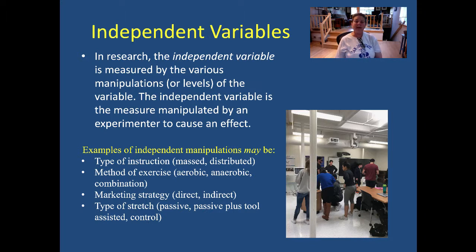In sport management, you might be interested in looking at an independent variable such as marketing strategy. Marketing strategy could come in 2 forms. It could be a direct marketing strategy where I say, hello, I represent the SAP Arena. I would like to sell you tickets tonight to all of the home games.